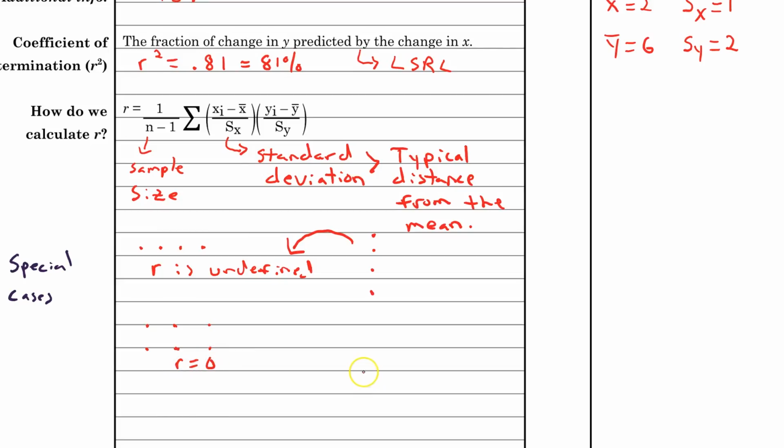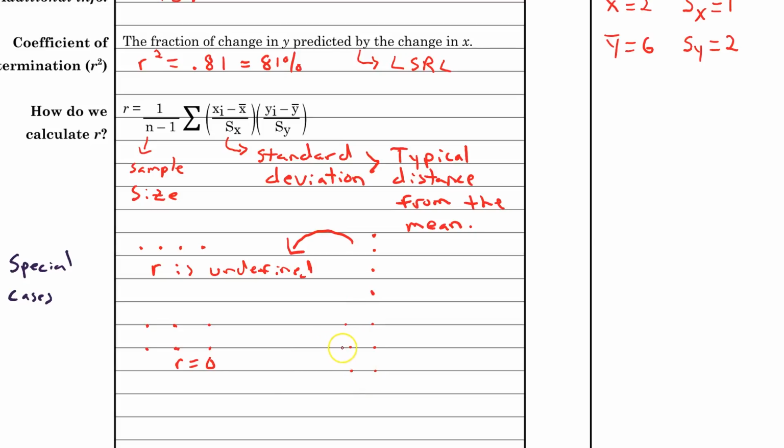Likewise, if you had a vertical arrangement, and these aren't the only situations where you would get 0. Again, students might think, hey, my trend line needs to be vertical.